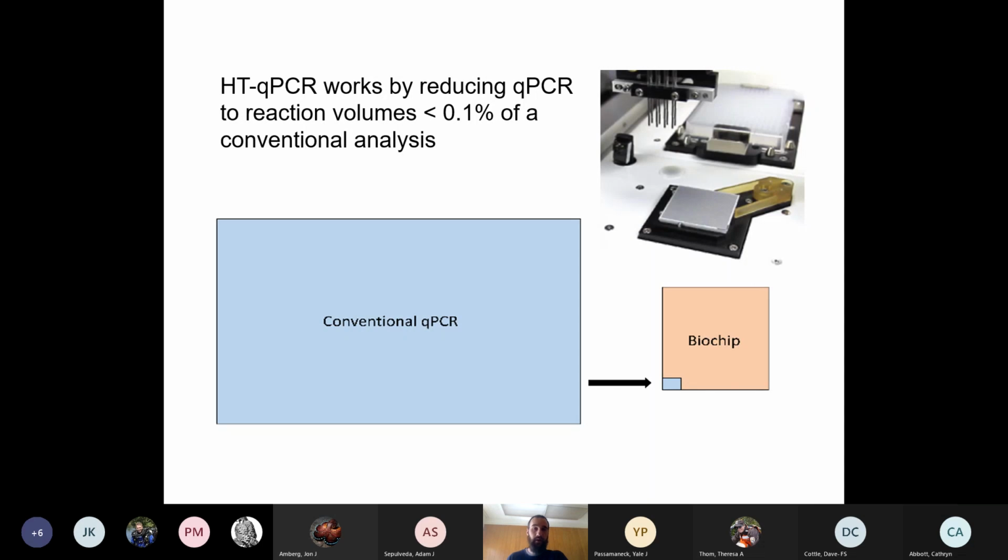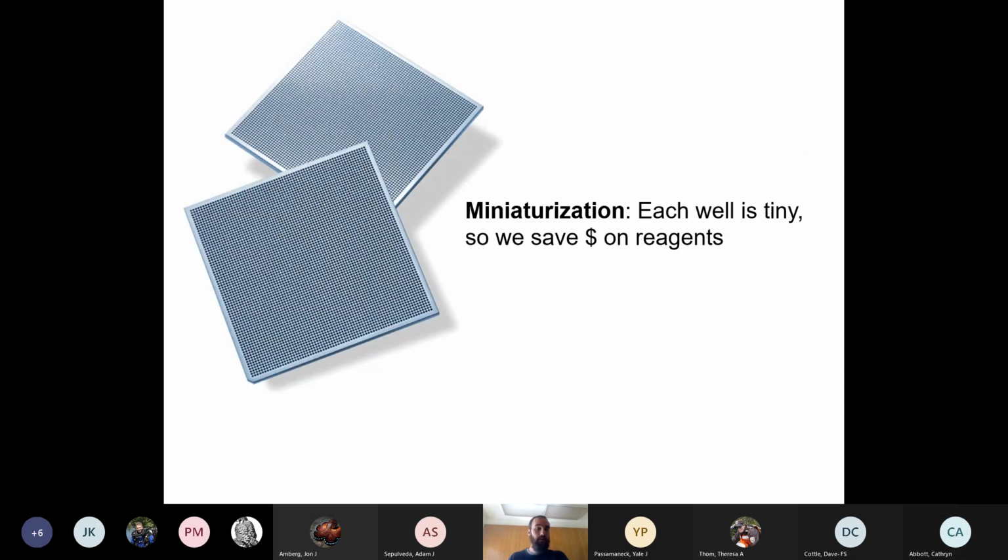I think this is a 384-well plate, but it's the same size as a standard 96-well plate. And then in the foreground is an aluminum biochip for the high throughput analysis, and that has 5,000 reaction wells. And here there's just a robot that's loading samples and assays from that 384-well plate onto that 5,000-inlet biochip.